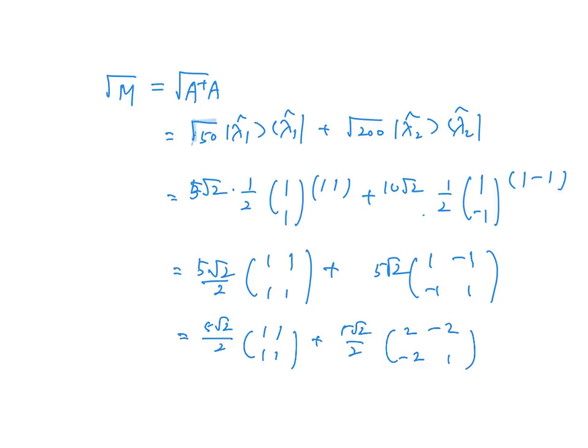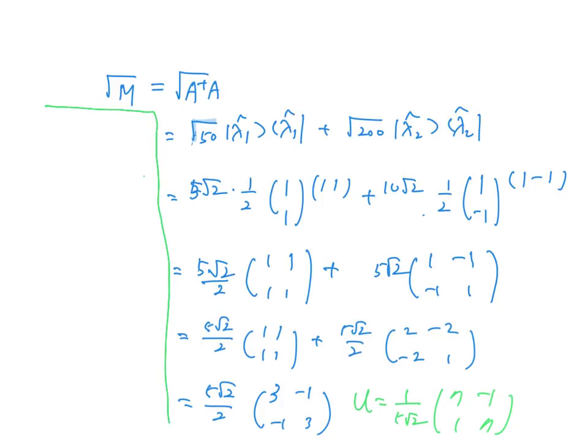Actually, the answer has been quite different. So 2, 5 square root of 2, 3 minus 1, minus 1, 3. What was the u? U was 7, 7 minus 1, 1. Let me just double check. We can multiply here. Let's do that here, because I hate going that way.